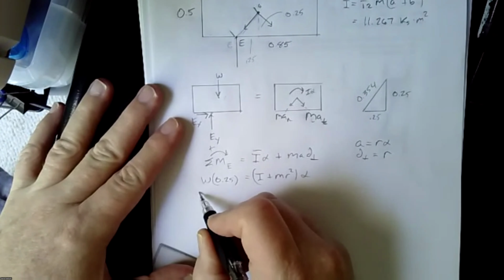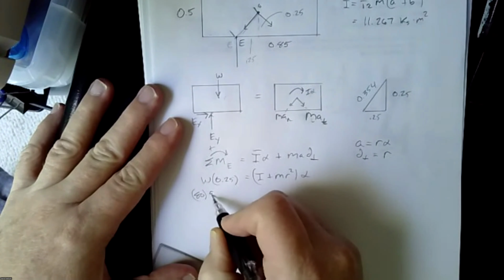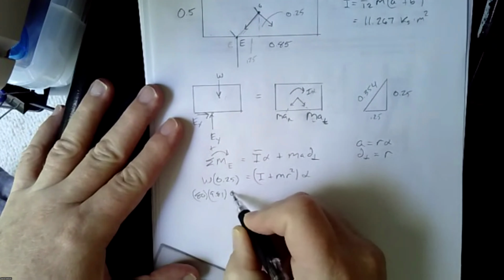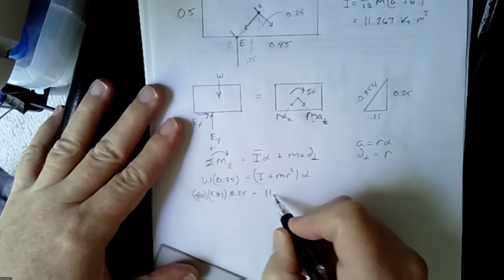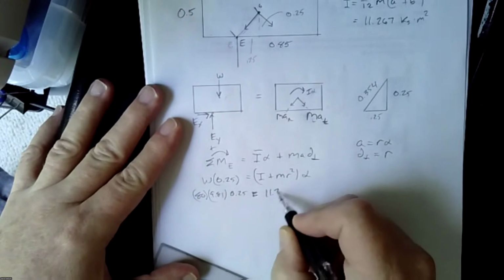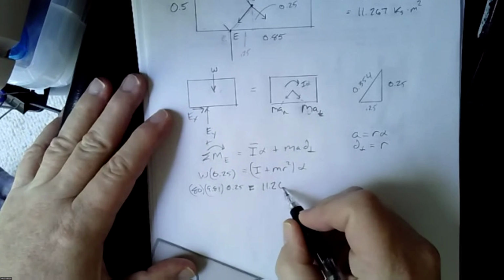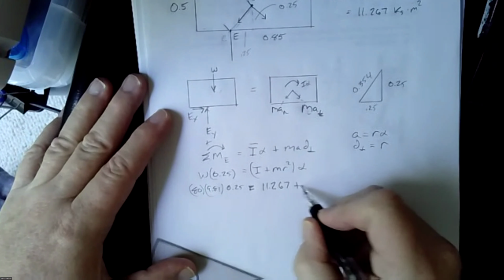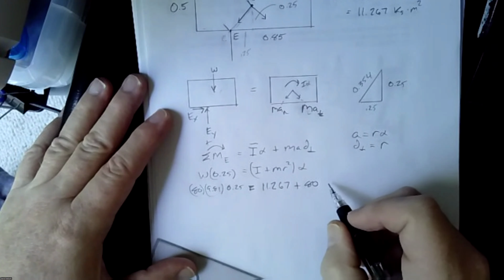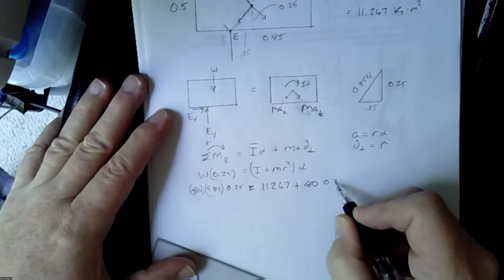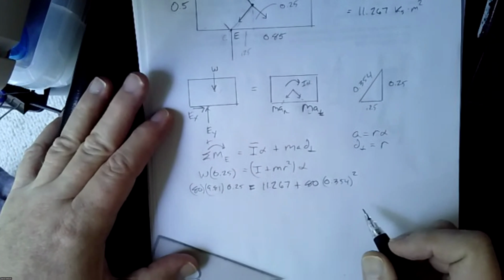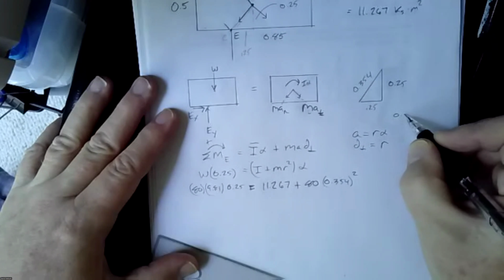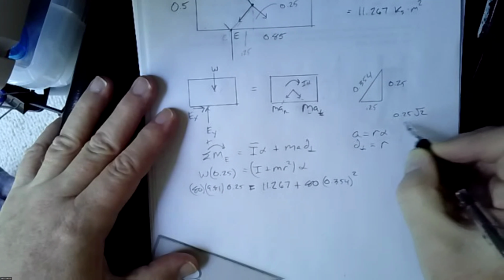So now we can plug in numbers: 89.81, 0.25, and that's going to equal 11.267 plus 80 times 0.354 squared, which we know is also just 0.25 times the square root of 2, right?